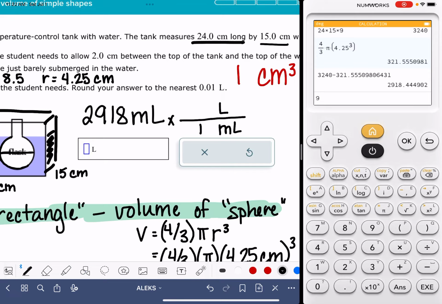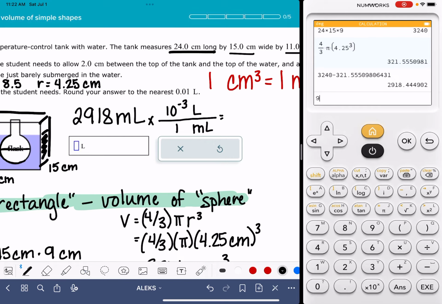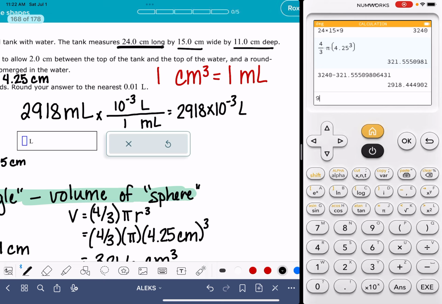Milli is the prefix for 10 to the minus 3, so 1 milli is 10 to the minus 3. 2,918 times 10 to the minus 3 liters, which is 2.918 liters. ALEKS wants this to the 0.01, which is going to be 2.92 liters.